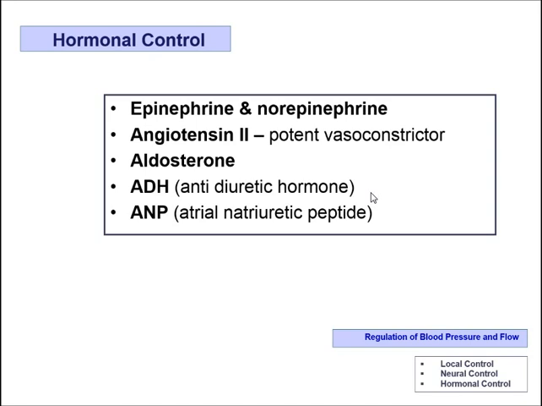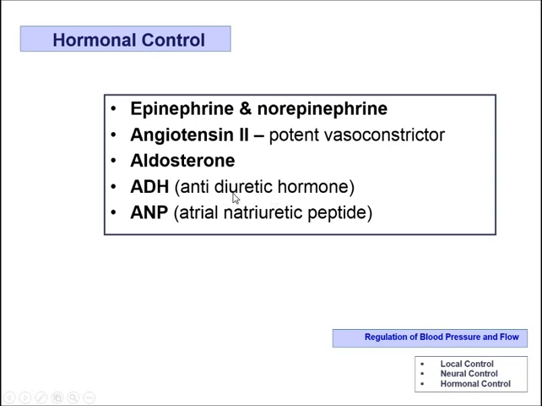Well, how about if we say antidiuretic? Then obviously, what this hormone is going to do is decrease the amount of urine that's being secreted. This is a hormone that's released from the posterior pituitary gland in response to low blood pressure. You probably could have told me that, because if the action of this hormone is to decrease the amount of urine we produce, then where is that water going to go?